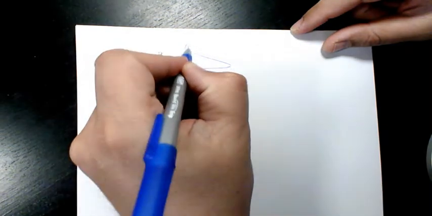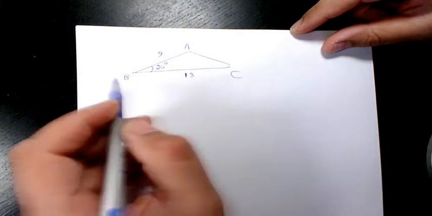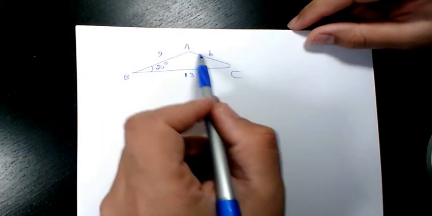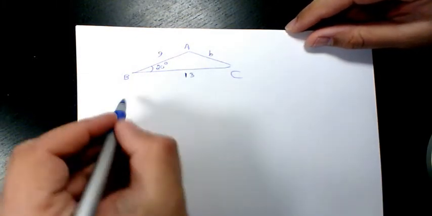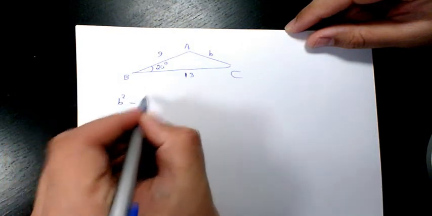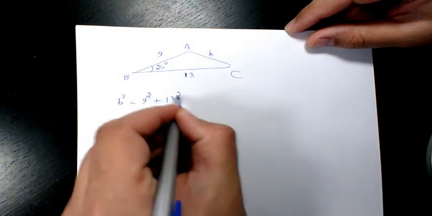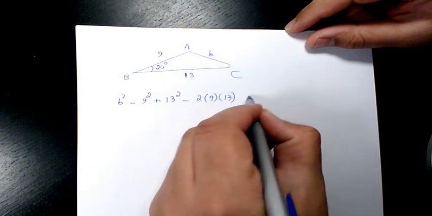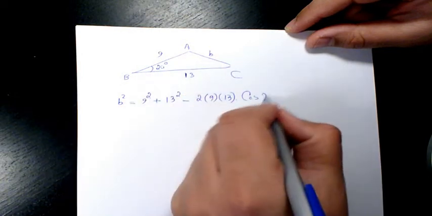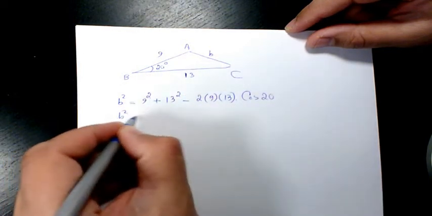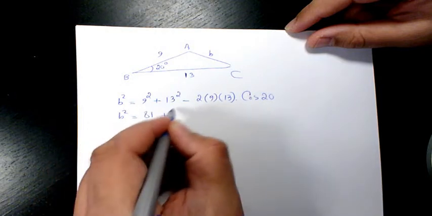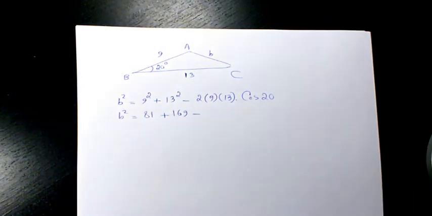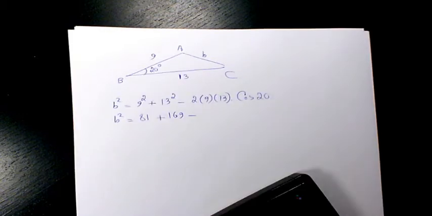So let's call it A, B, C. So it means that we are interested in finding out the length of B. So B squared equals 9 squared plus 13 squared subtract 2 times 9 times 13 times cosine of 20 degrees. So that's 81 plus 169 subtract 2 times 9 times 13 times cosine 20 degrees.